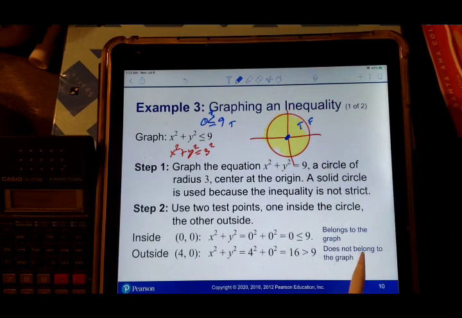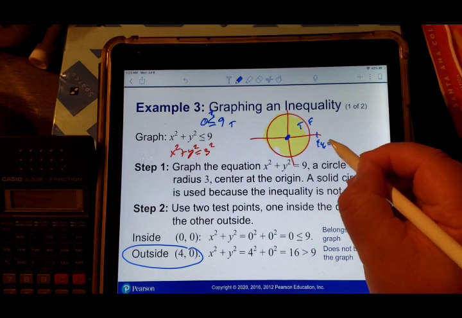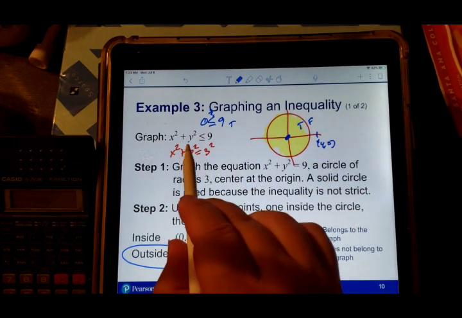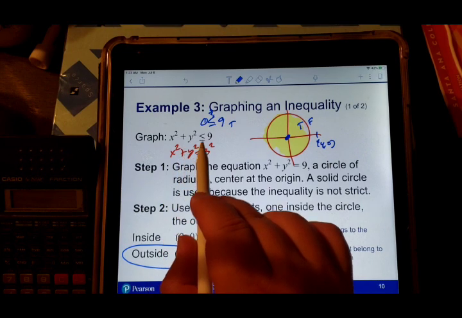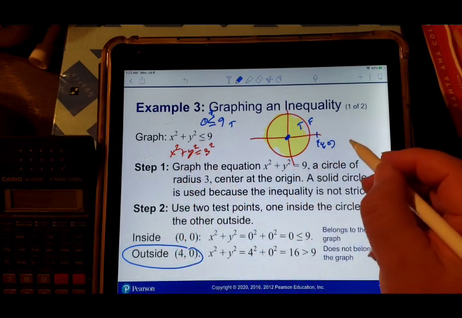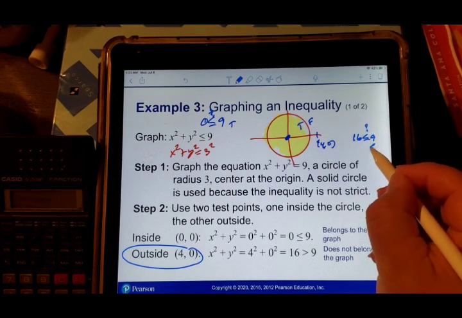The author kind of overdid it by picking a point on the outside, for example 4 for x, and substituting that in here. Well, we get 4 squared, 16 is less than or equal to 9 for this test point, which is false.